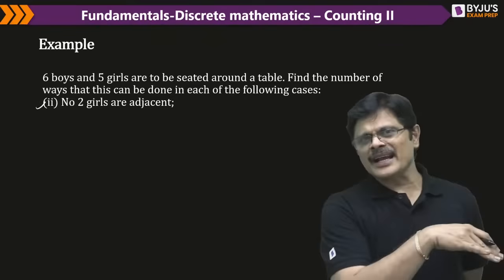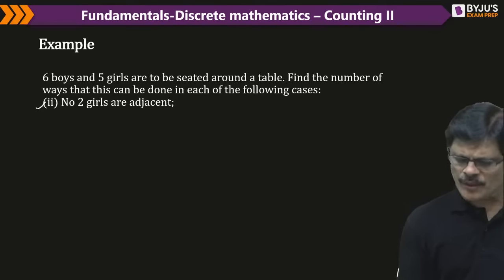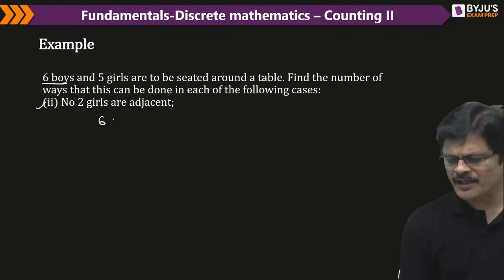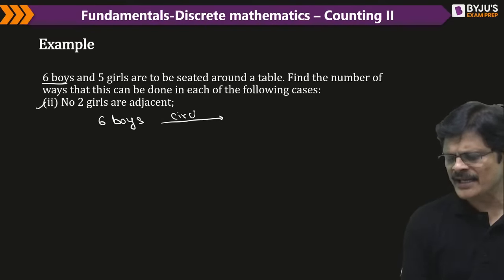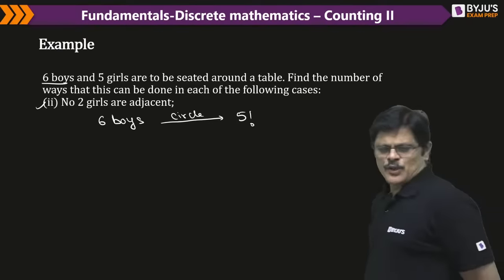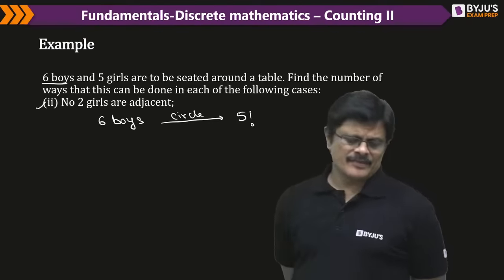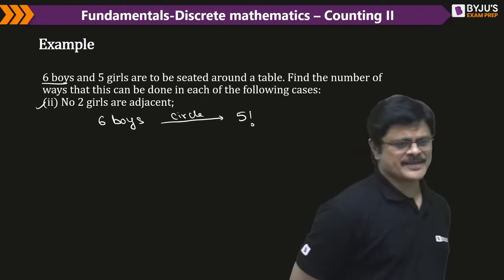We solved the linear case earlier, now we are seeing the cyclic case. Here also, boys do not have any restriction. First, arrange 6 boys. You can arrange 6 boys in a circle in 5 factorial ways.